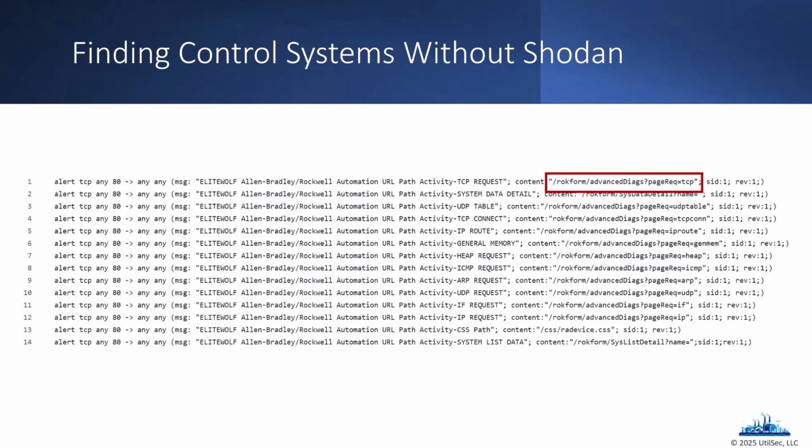So in this case, if you ever see /rockform/ advanced diags !, blah, blah, blah, it would trigger this alert on the console, and it would say EliteWolf, Allen Bradley, Rockwell Automation, URL path activity. What this actually tracked to is if somebody connected to a web page on your Allen Bradley / Rockwell PLC, it would set up this alert. Now, in a lot of environments, you might actually have somebody just connect to a PLC web page.